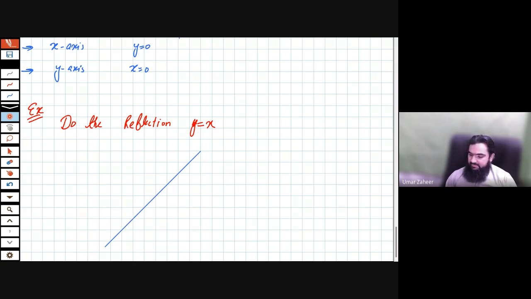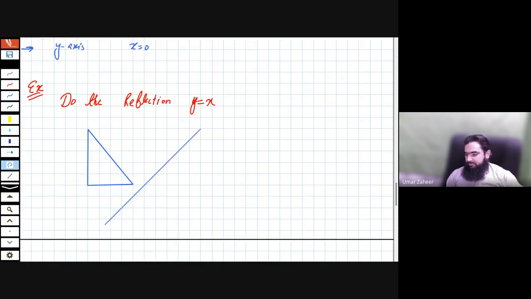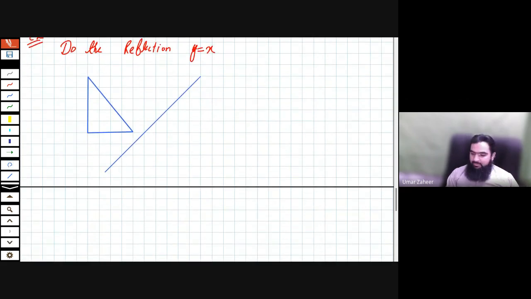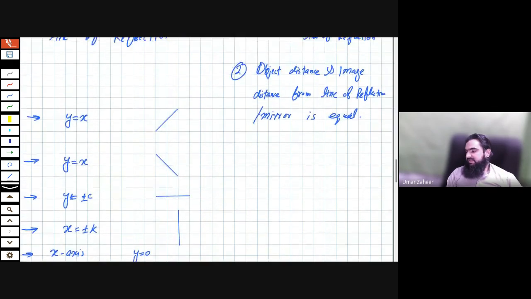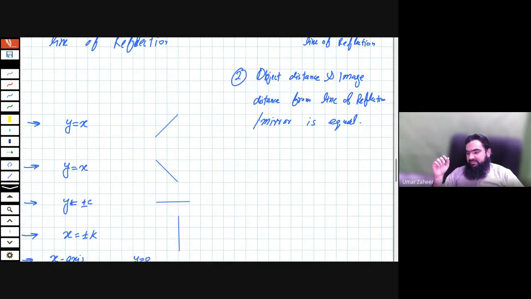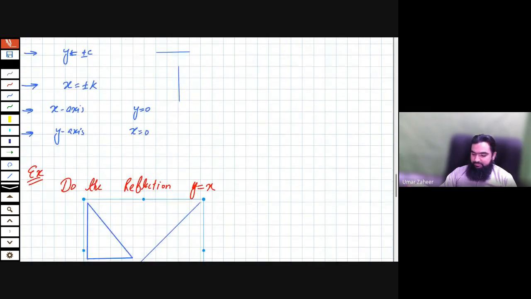I'm taking a triangle as the object here, and I need to do the reflection. The distance of the object and the image from the line of reflection is always equal.